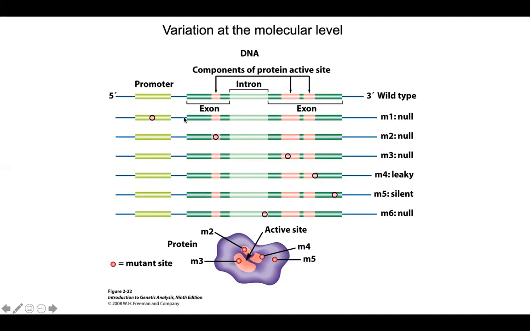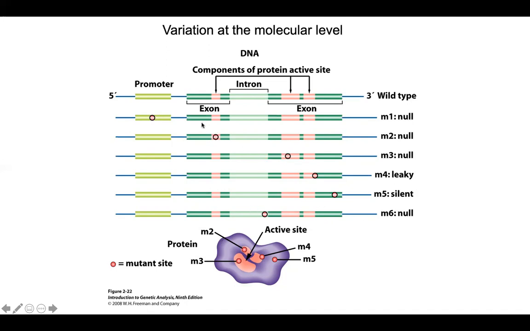Mutations in regulatory regions can actually be very influential. This one here may cause this gene to no longer be transcribed at all, resulting in the loss of this particular gene copy, a null mutation.